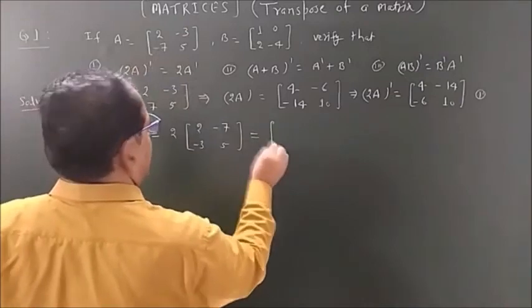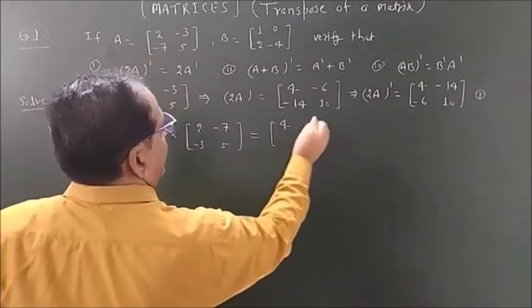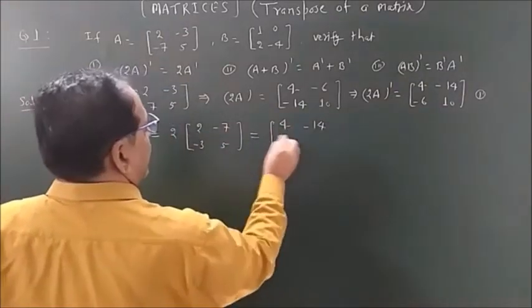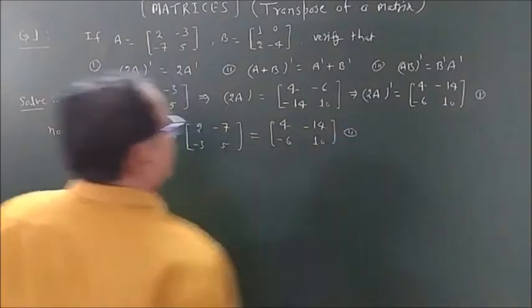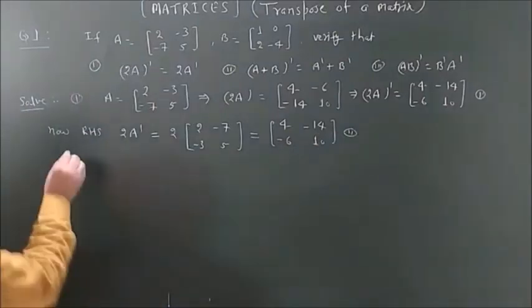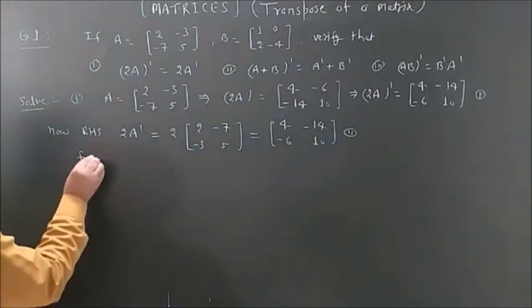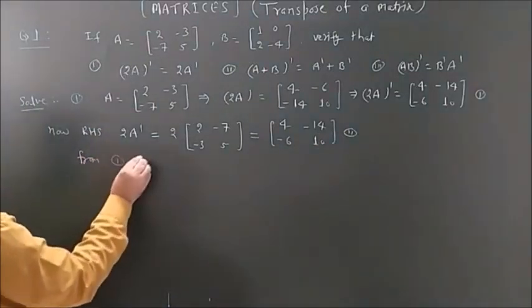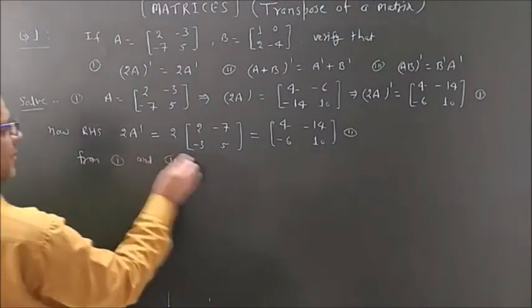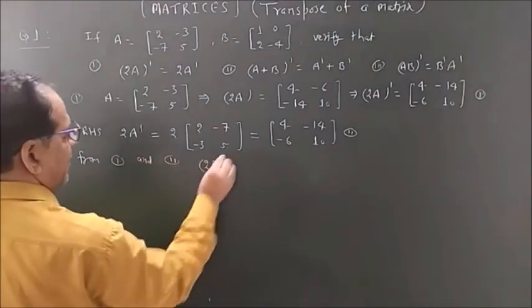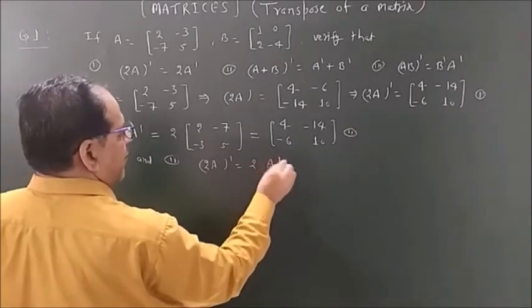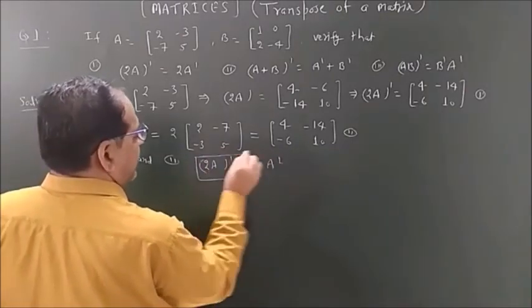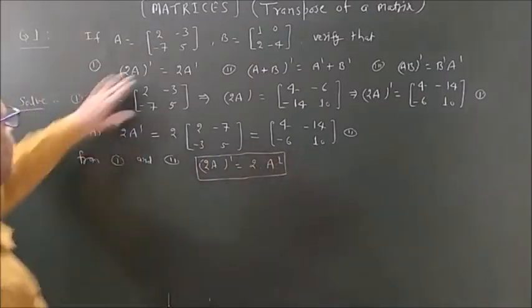When we multiply by 2, we get [4, minus 14; minus 6, 10]. This is the second equation. So from the first and second, (2A) transpose equals 2 times A transpose. This is the first part of the question.